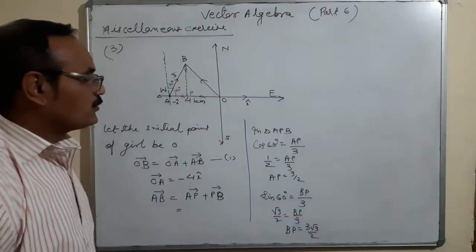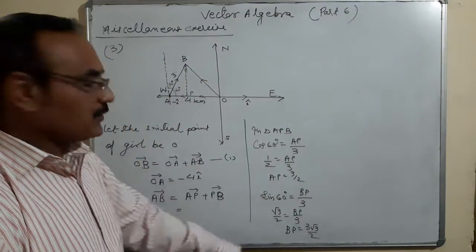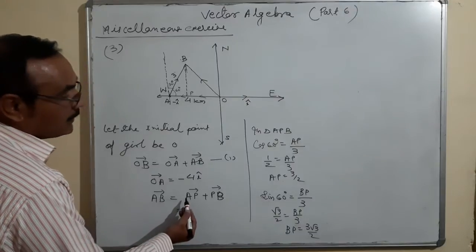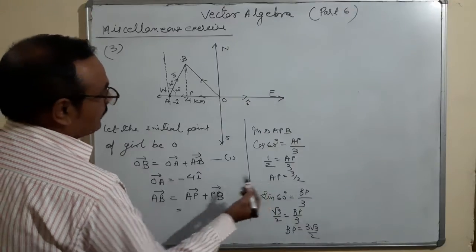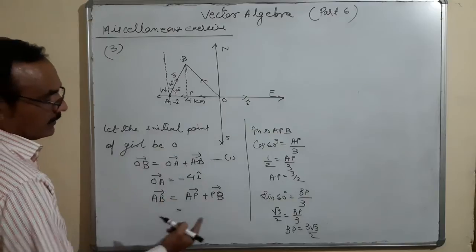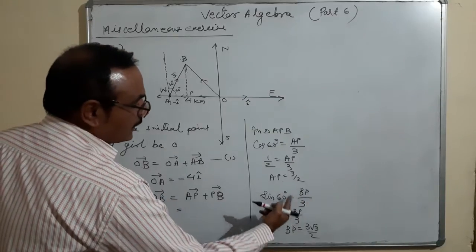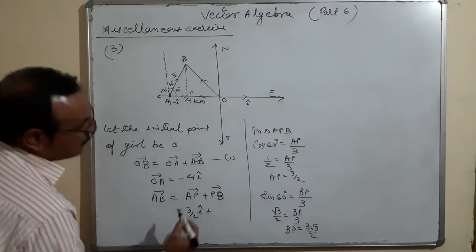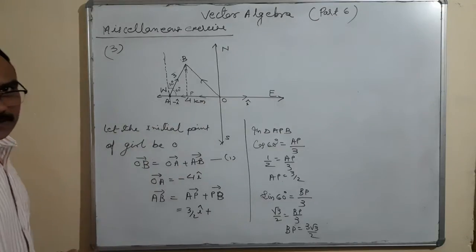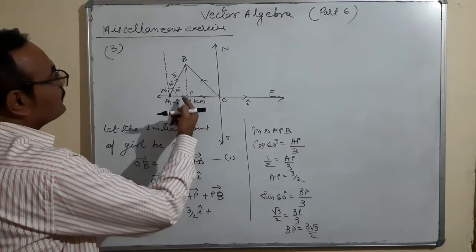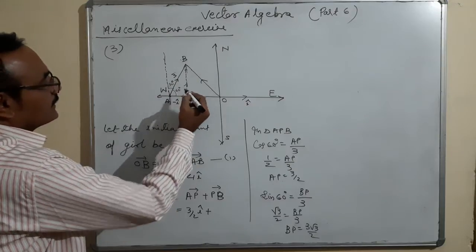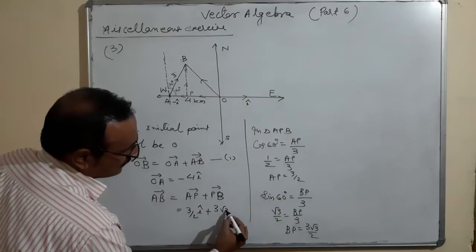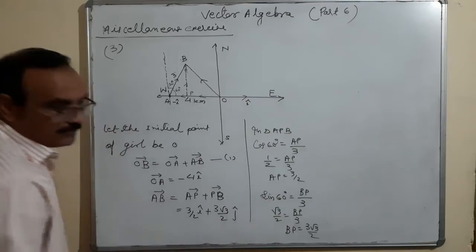So now I got two values, AP and BP. These are in magnitude form. So when we substitute, vector AP, that is magnitude AP, is 3 by 2 i, plus PB, in the y direction, with magnitude 3 root 3 by 2 j.